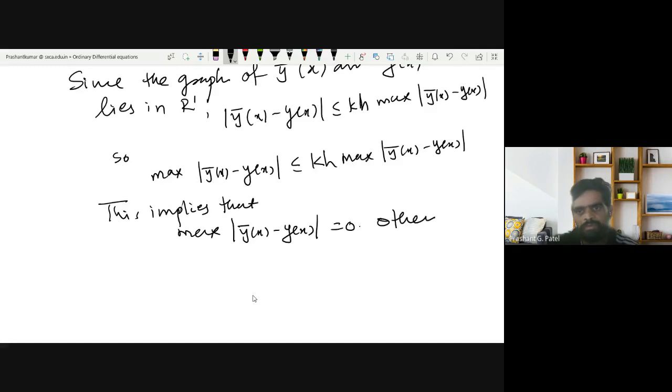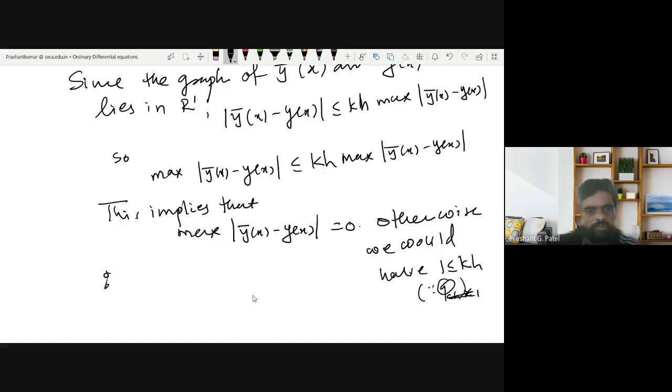We could have 1 less than or equal to kh, which is a contradiction with our assumption that kh is less than 1, equation number 9, which we have taken. So therefore it will follow that y bar of x is equal to y of x, since the maximum is 0, and this is true for every x in the interval.